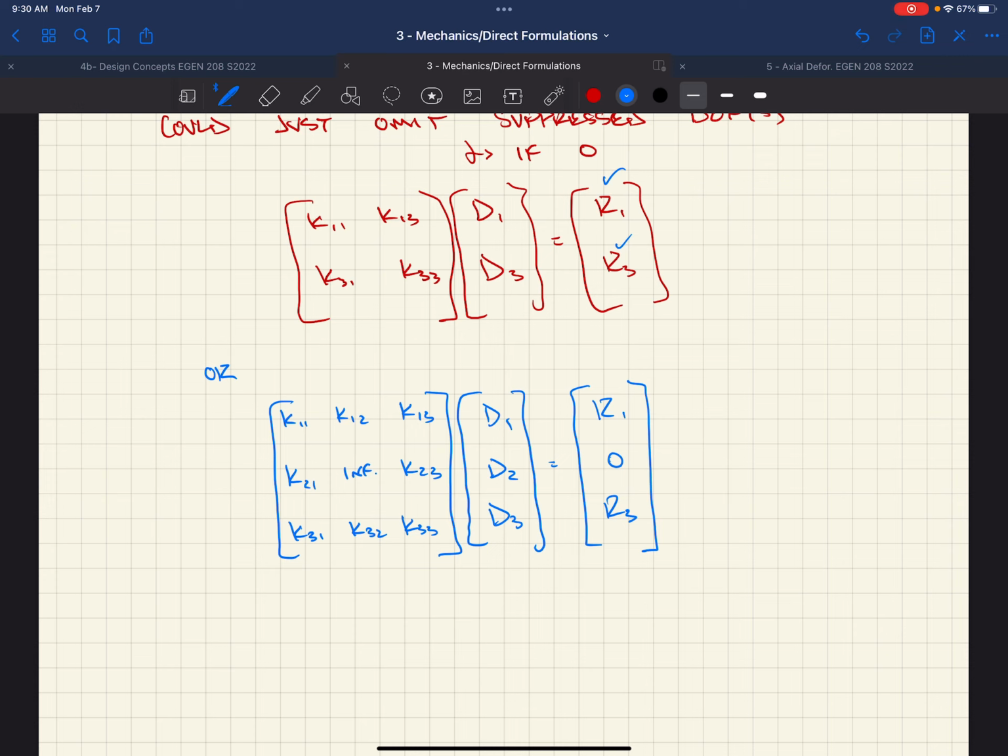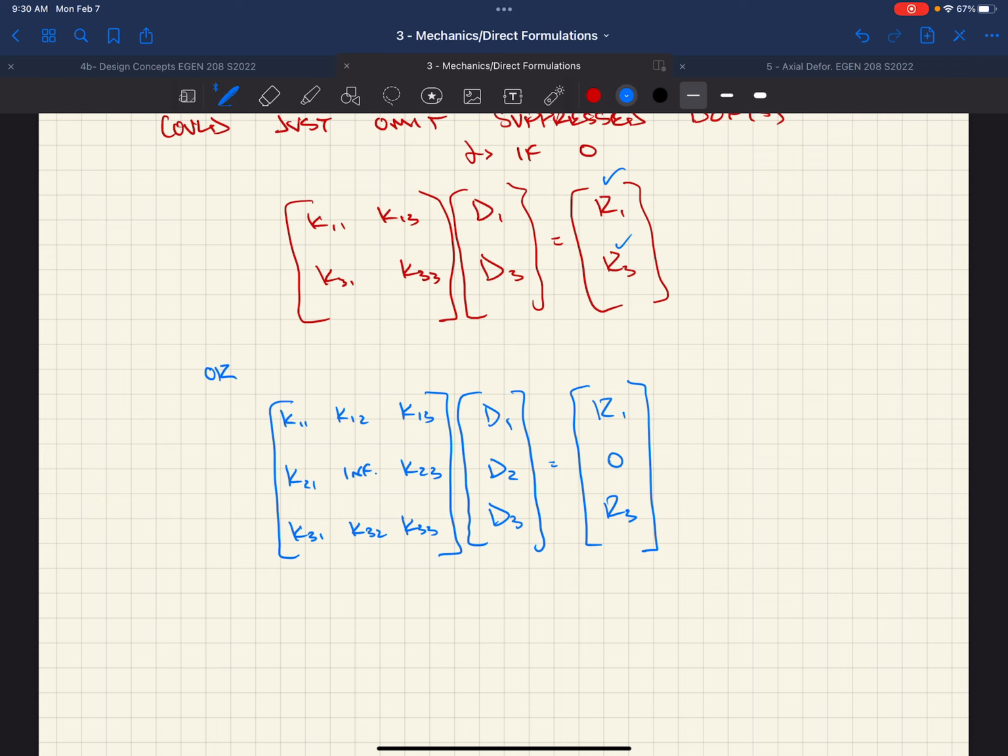So you're calculating the inverse. So do you not make D2 equal to 0? Or you don't put in that known displacement? No, you don't, because you're taking the inverse of K times the force vector so that you can calculate the displacements. And then D2 will come out as 0.